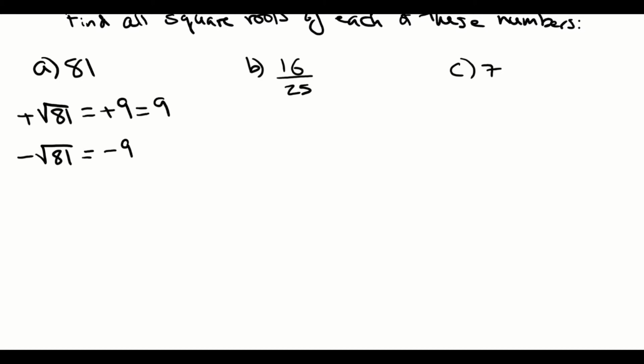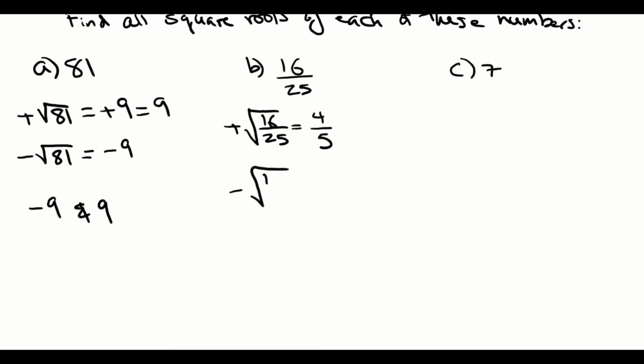Basically, the two square roots are negative 9 and 9. For 16 over 25, we handle it in exactly the same way. We get the positive square root of 16 over 25, which is 4/5, and the negative square root of 16 over 25, which will be negative 4/5.